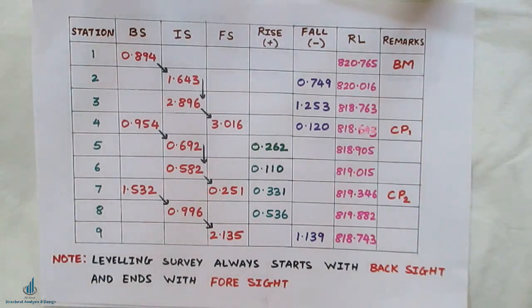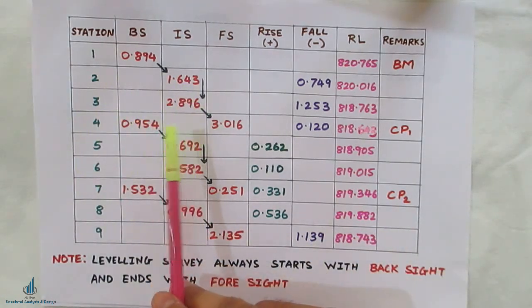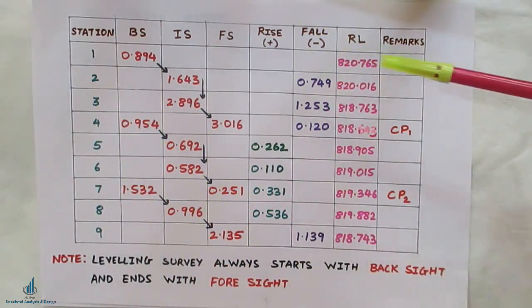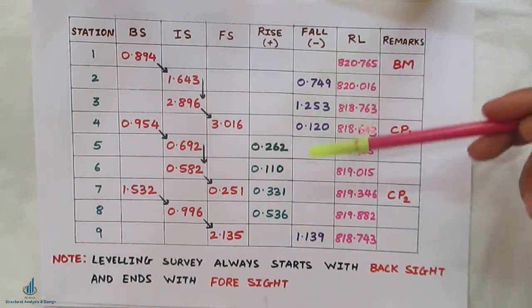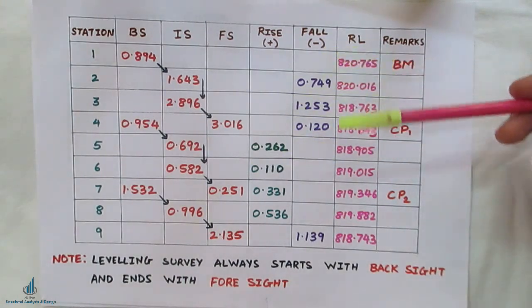Before writing in the field book you have to remember the survey starts with backsight and ends with foresight. Wherever there are change points you will get values in the backsight column as well as in the foresight column. And always come from left hand side to right hand side subtracting. You will get negative or positive values; a positive value goes in the rise column, a negative value in the fall column.